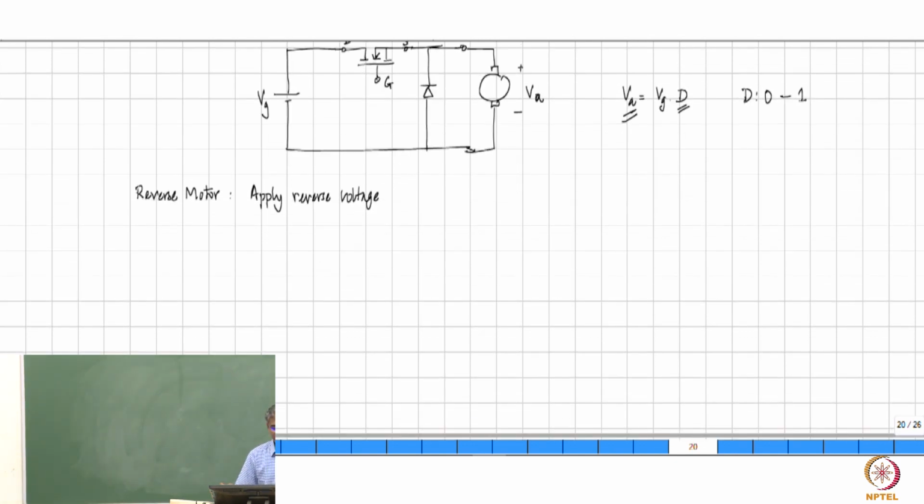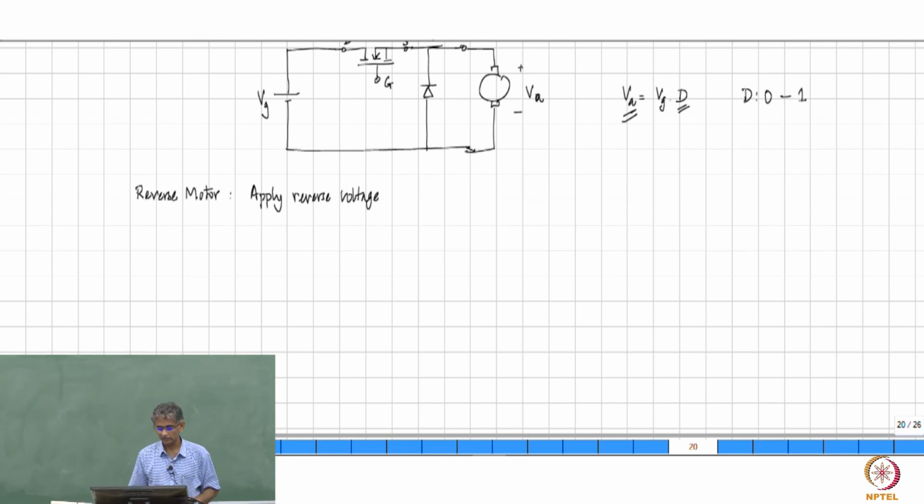So, in reality, therefore, you apply a modified version of the circuit. That circuit looks like this. So, you have the DC voltage, right?